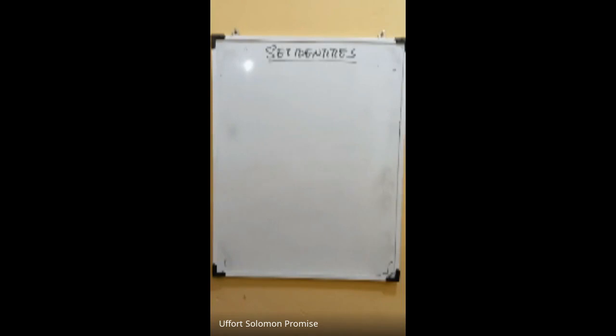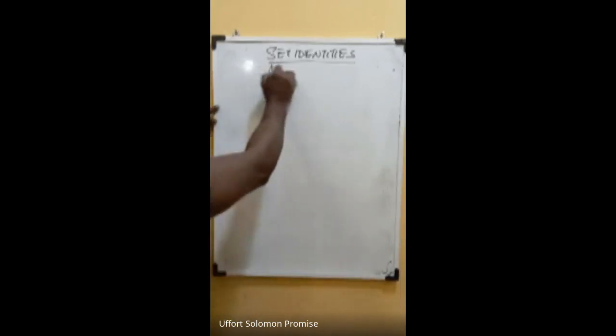That's comparable set in respect to union. In respect to intersection, there's another way we compare it. So the next is what?